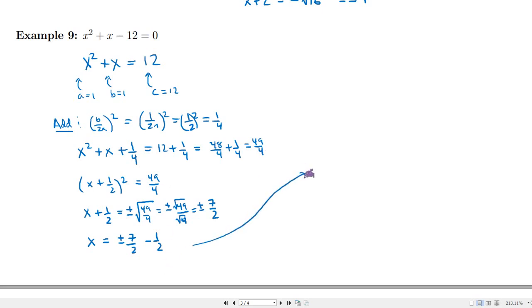We have x is 7 over 2 minus a 1/2, which is 6 over 2, so that's 3, or x is minus 7 over 2 minus a 1/2, which is minus 8 over 2, which should be minus 4. And those are our two solutions.